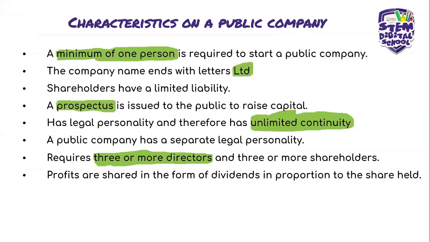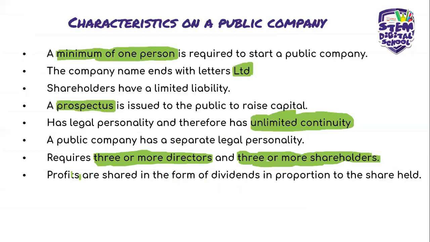And also your shareholders need to be 3 or more. You can't have 1 shareholder. So you need at least 3 shareholders and at least 3 directors in order for you to form a public company.